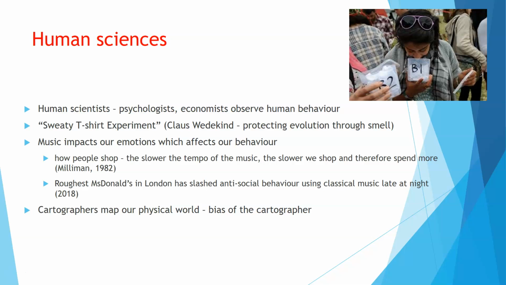A couple of really cool examples of experiments they've done where they've used senses is the sweaty t-shirt experiment. This was the idea that the pheromones, the hormones that we emit when we sweat, mean that when we're choosing our mate, we will automatically choose someone who has the opposite pheromones to us, to ensure that evolution can continue.